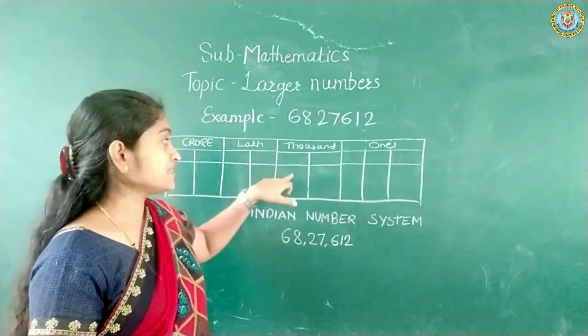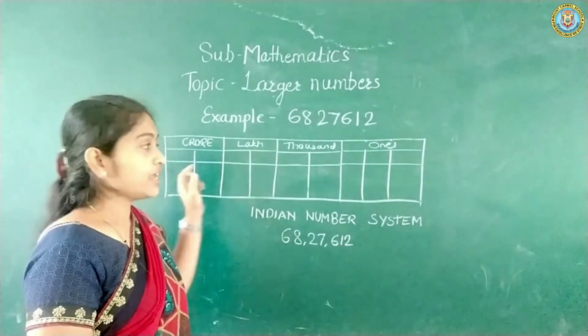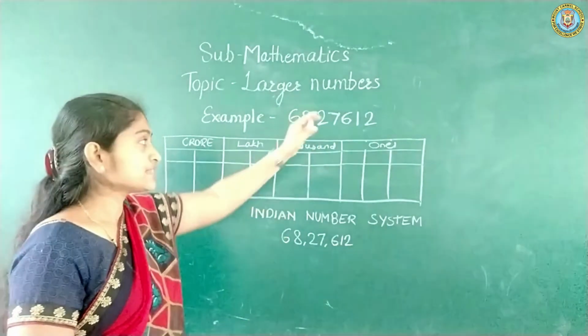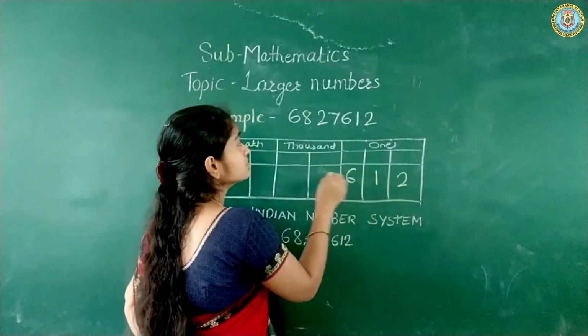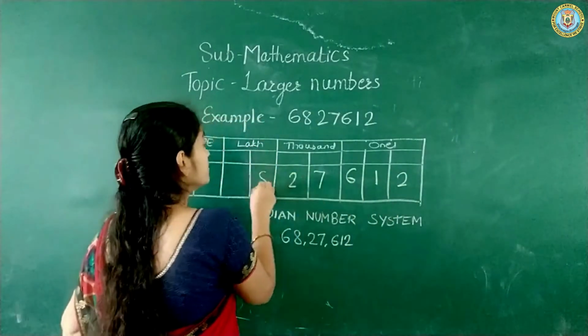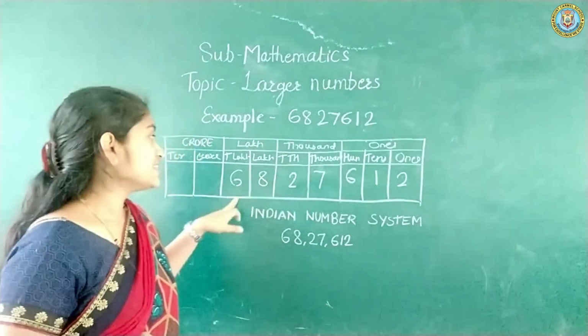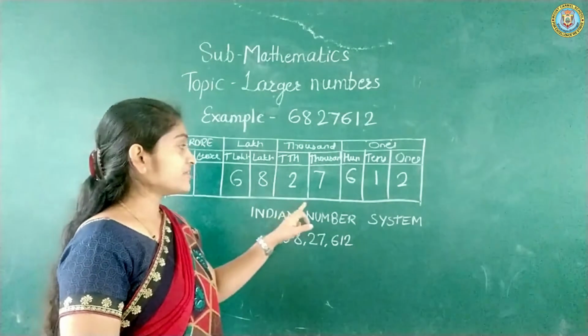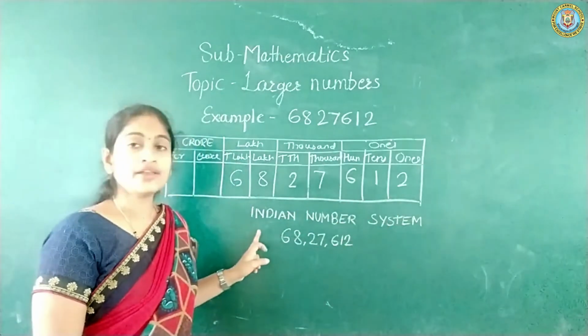See, ones place, thousands place, lakh place and crore place is there. See, I am going to place each and every digit in this table. See, how can we read this, my dear students? See, 68 lakhs 27,612 according to Indian number system.